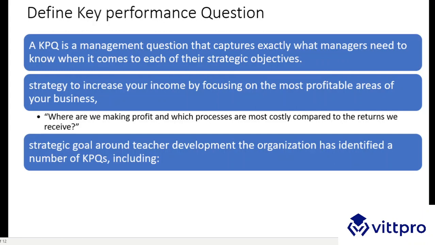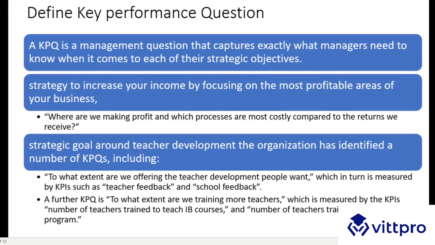For any school doing teacher development programs, they identify the question: to what extent are we offering the teacher development that we want? And a further question is, to what extent are we training more teachers? So these are the questions that different companies are asking.